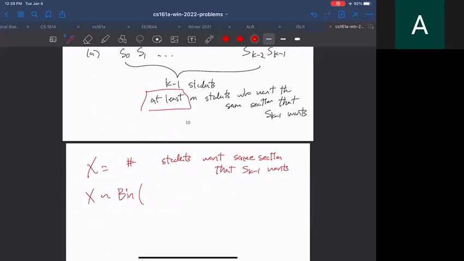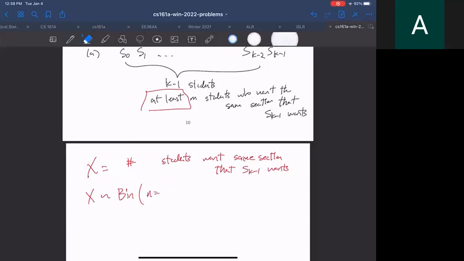What's that probability? It's 1 over R, right? Because there are R sections, each one is equally likely. So every student has a probability of 1 over R to choose the same section that S_{K-1} wants. And each trial is independent because each student chooses their preferences randomly.